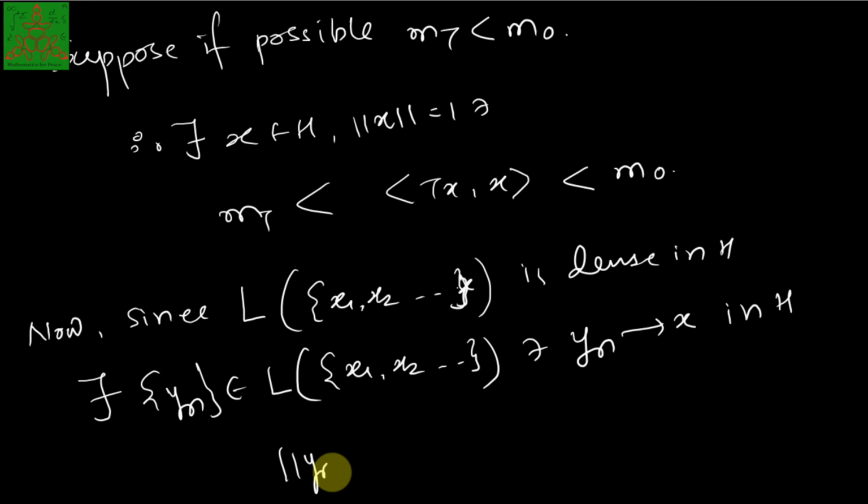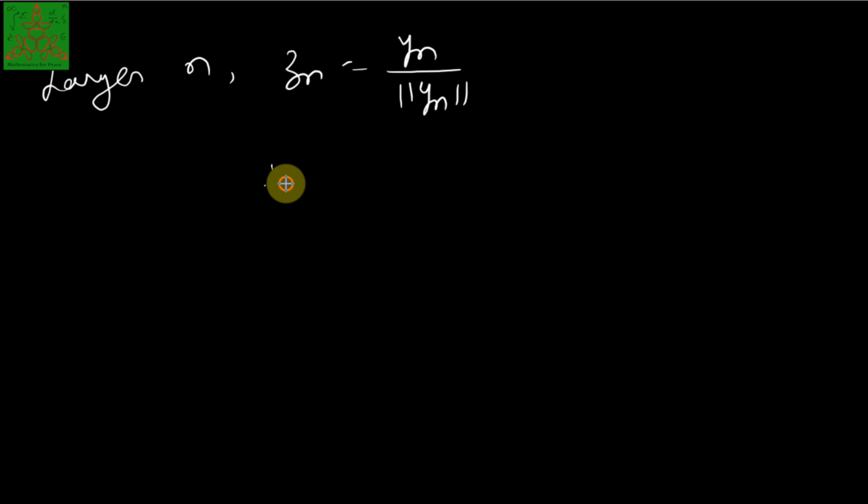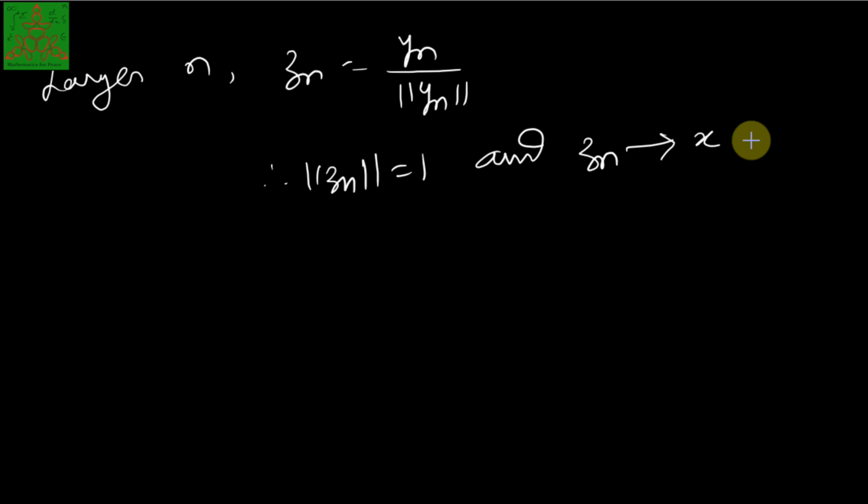Now what is the norm of yn? It is tending to norm of x, but norm of x is 1. For sufficiently large n, let's consider Zn equal to yn upon norm yn. Now we observe that norm of Zn is 1 and Zn tends to x because norm of x is 1.